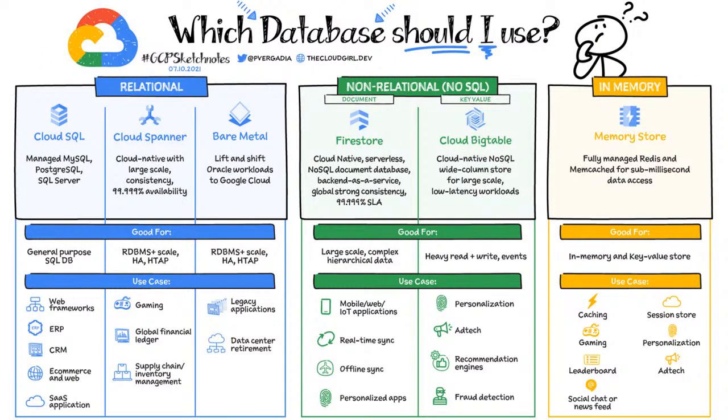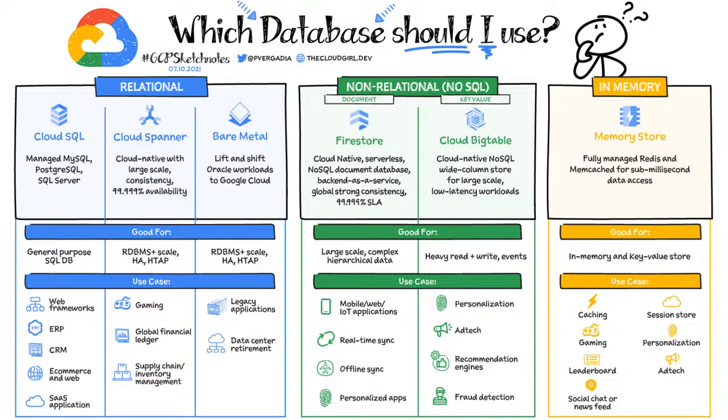So to close the session, I'm going to let you guys see this sketch note from Priyanka, the cloud girl dev. Priyanka is the chief content officer at Google Cloud, and she is making very, very beautiful sketch notes to make cloud easier. In one of the sketch notes, she's talking about which database should I use, which is a very clear thing to always keep on your side, guys.